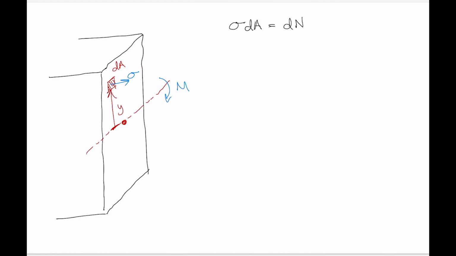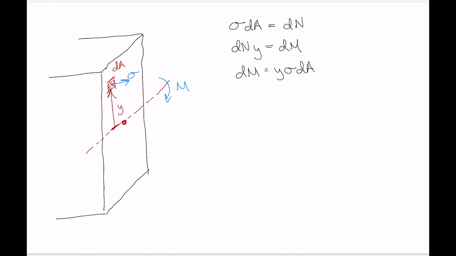And then if we were to take dN and multiply it by y, that would give us a small moment, dM. So our moment dM is then equal to y sigma dA.